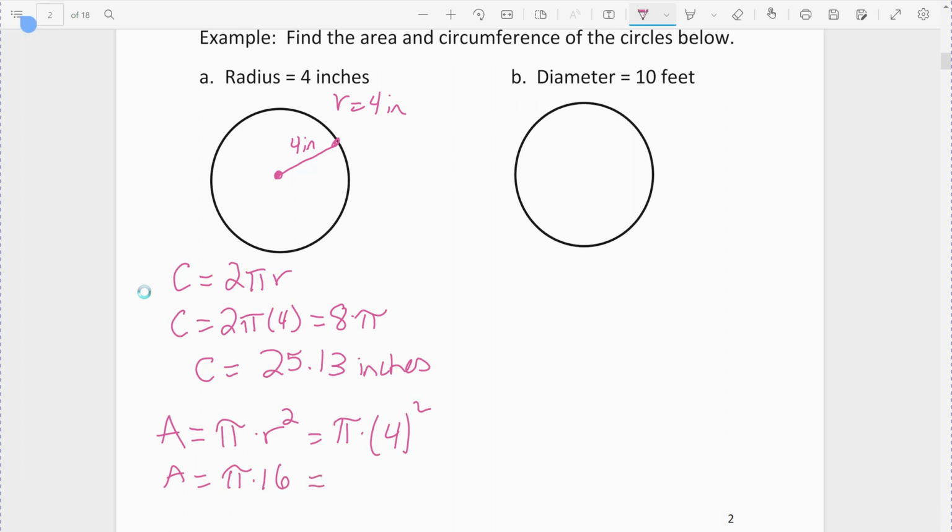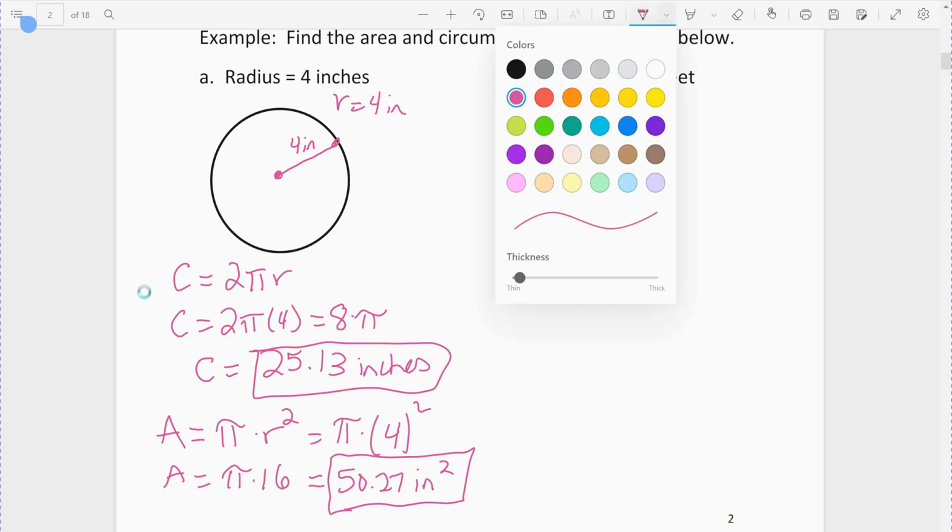And again, I'm rounding to 2 decimal places. So I get 50.27. And remember, since we squared the 4 inches, this comes out inches squared. That's my area.